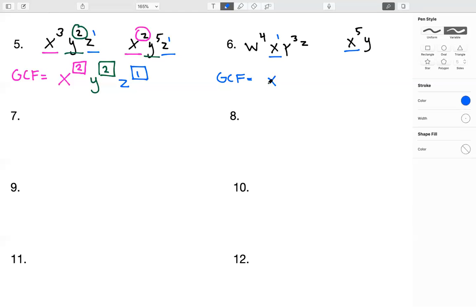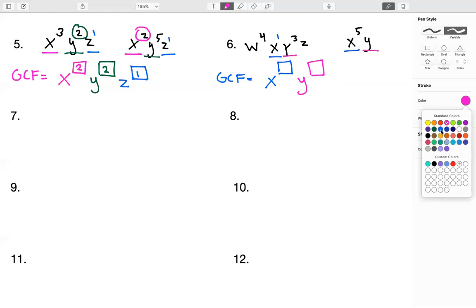So we'll put x to the something because x is in common. How about y? Yes. And y to the something. This is our GCF. How about z? Nope. It's not in this term. So it's not common. What do we write in the x box?